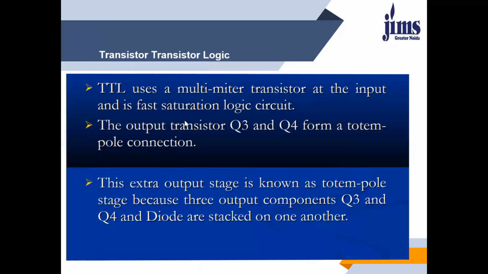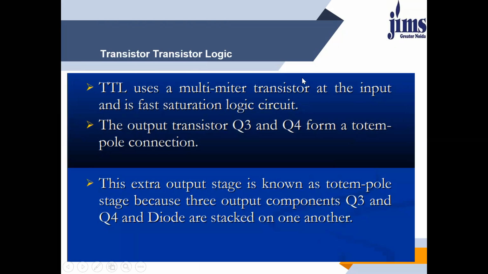So, a TTL uses a multi-emitter transistor at the input and is a fast saturation logic circuit. The output transistors Q3 and Q4, as I talked about, form a totem pole connection with that diode.